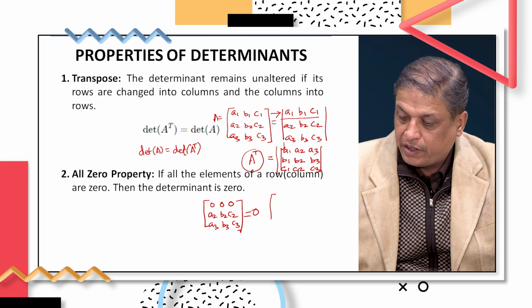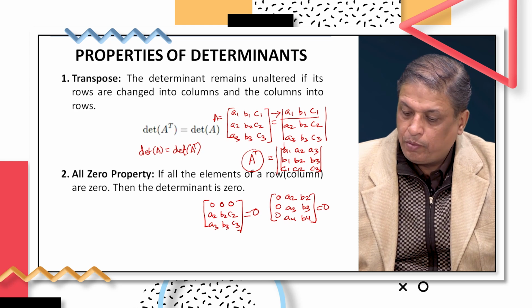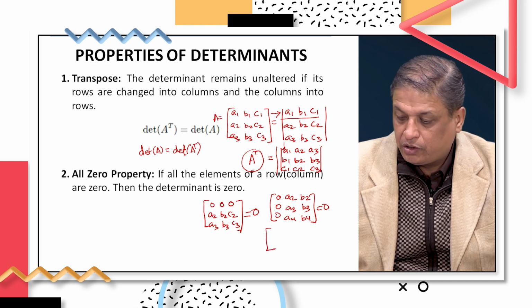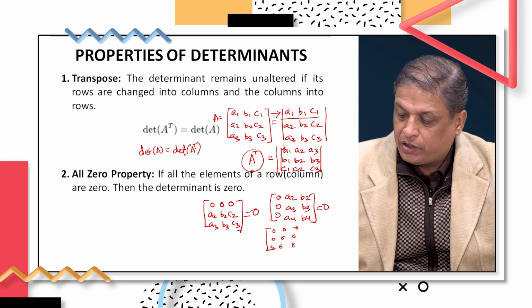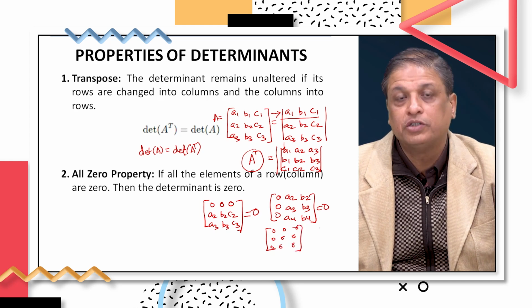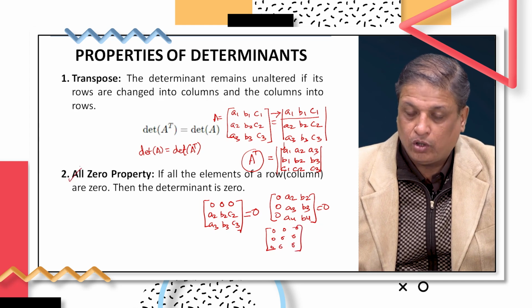Or if we have 0, 0, 0, A2, B2, A3, B3, A4, B4, anything like that, then the result will be equal to 0. A zero matrix is a matrix wherein all the elements are 0. So if any of the rows or columns is completely 0, then the result turns out to be 0. This is all about the all zero property.